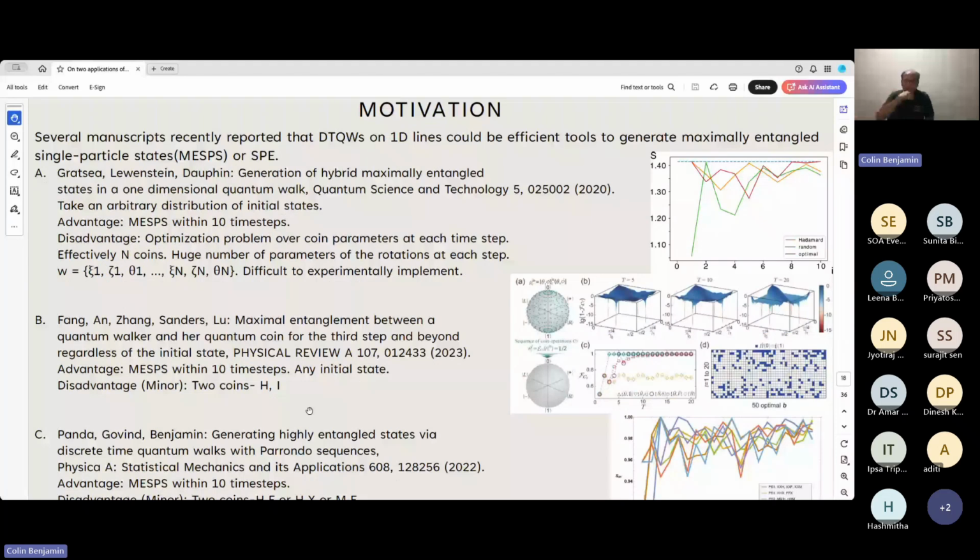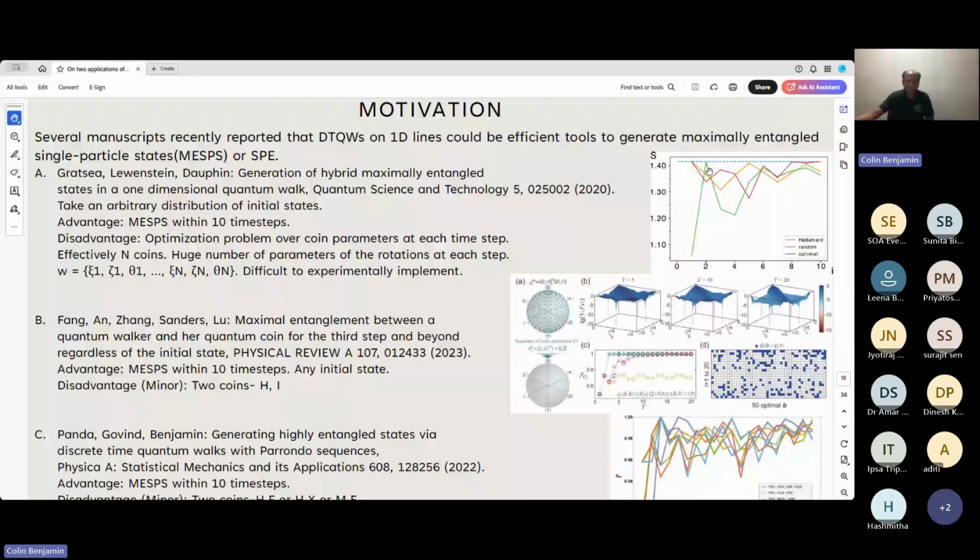So here they have Hadamard and then some random points, and they see maximally entangled single particle states at particular values, or at particular time steps.